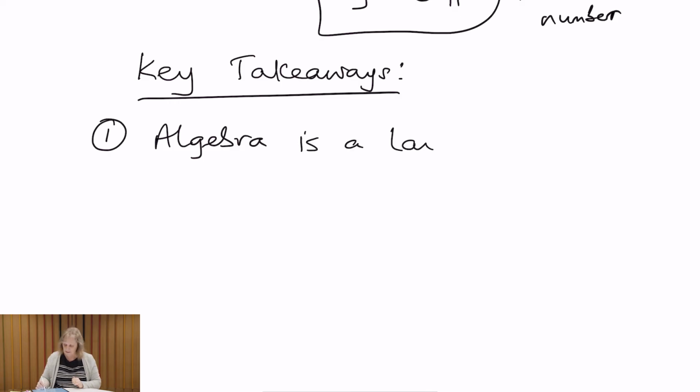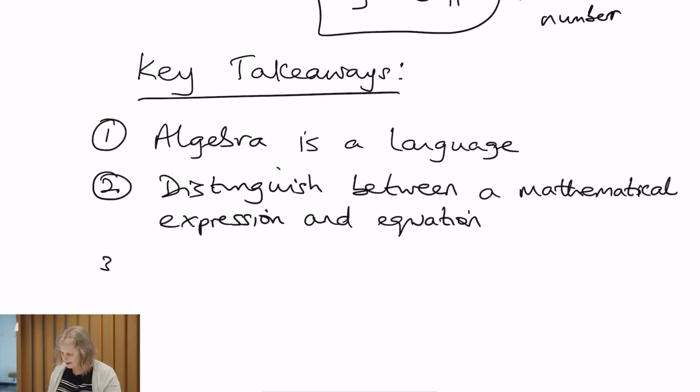So it is a mathematical language. Second, make sure that you can distinguish between a mathematical expression and an equation. That is really important when we're working in algebra. The third point: solve equations with unknowns using the 4 shortcuts. You can see how useful they are if you can see that connection.